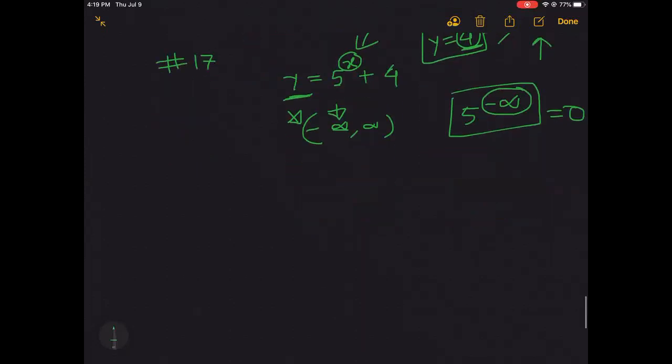So your range will be from 4 to infinity, and you can see it's not included. It will be more than 4, because you'll get 4 only if x is negative infinity, which is not a defined case, of course. We'll go very close to that, so it will be very close to 4, but not quite 4. Okay, can you see that? So it will be from 4 up to infinity. Are you guys with me?